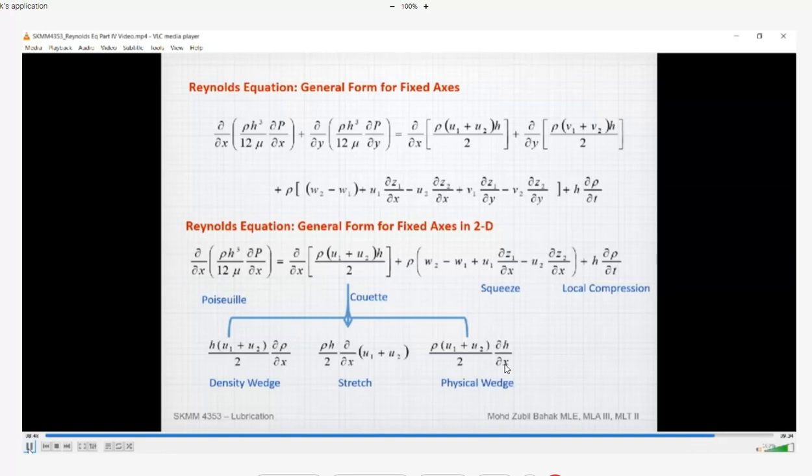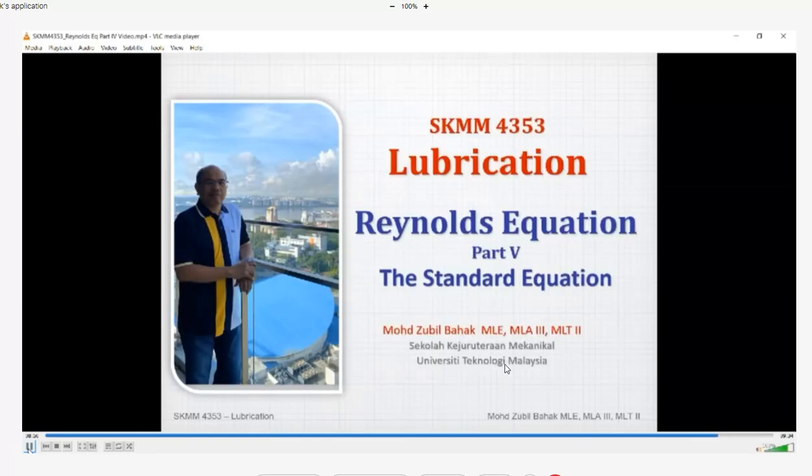That equation is quite long, where you have to take into consideration the local compression and the squeeze term.